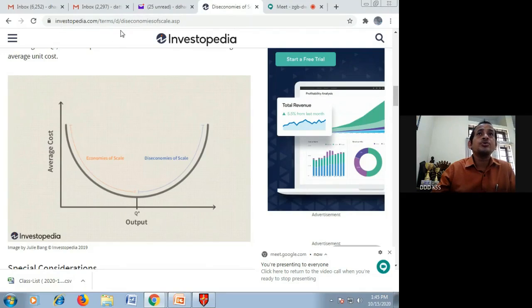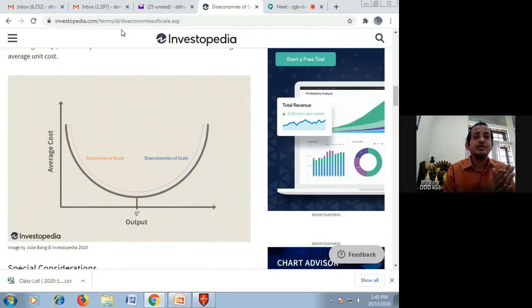Investopedia.com also supplies good study material, which is freely available, and I am just taking benefit from this. We are very much thankful to them for providing this information, and I am sharing it for knowledge and information purposes.